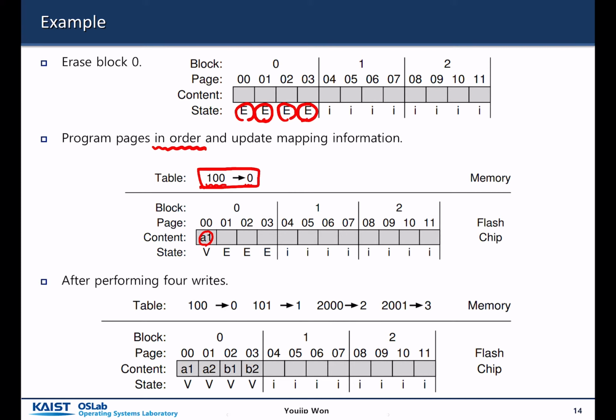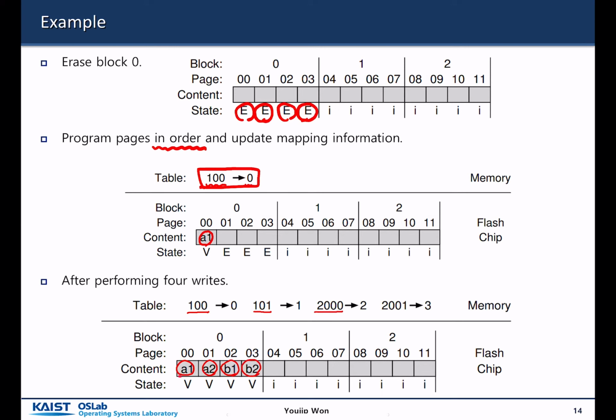Then we perform the 4 page writes. We write LBA 100 with A1, LBA 101 with contents A2, LBA 2000 with contents B1, and LBA 2001 with contents B2.